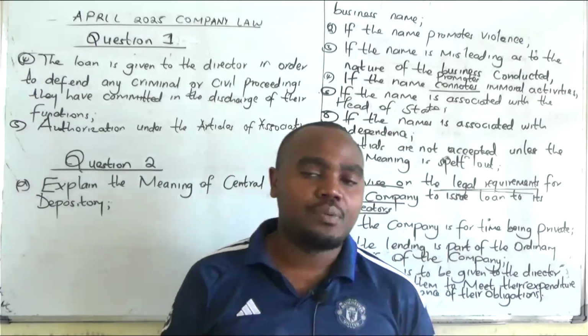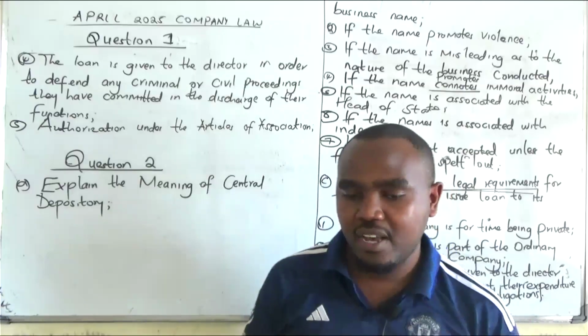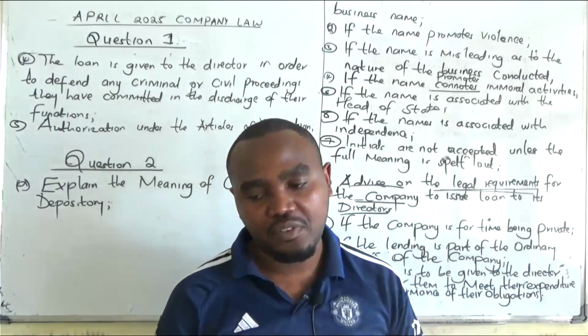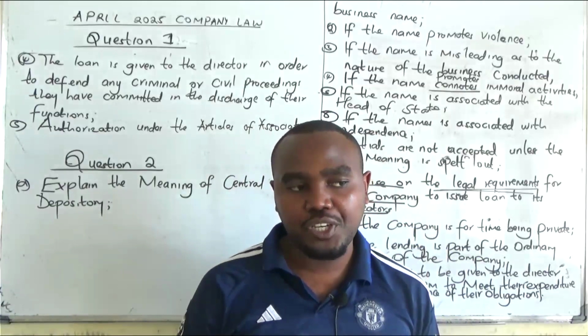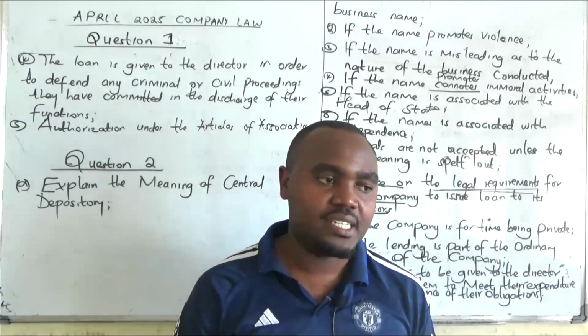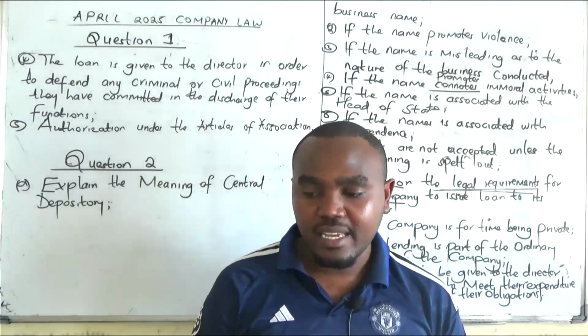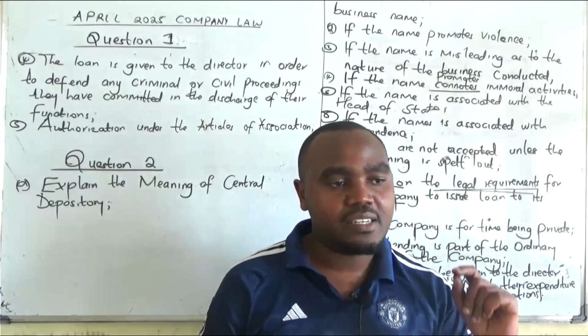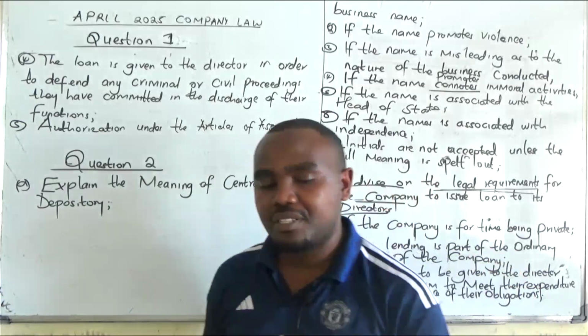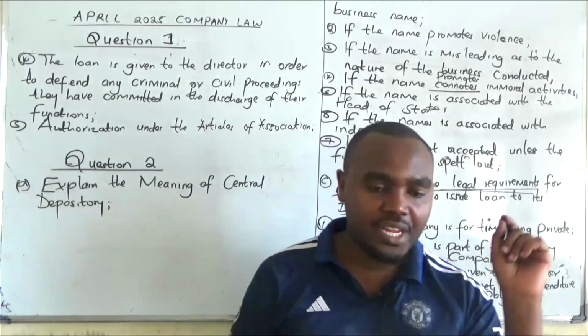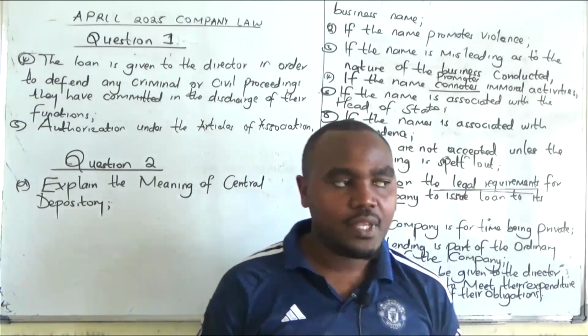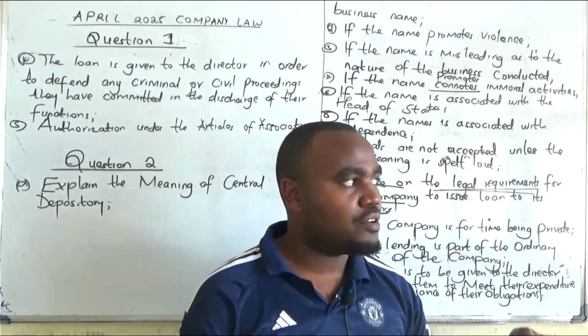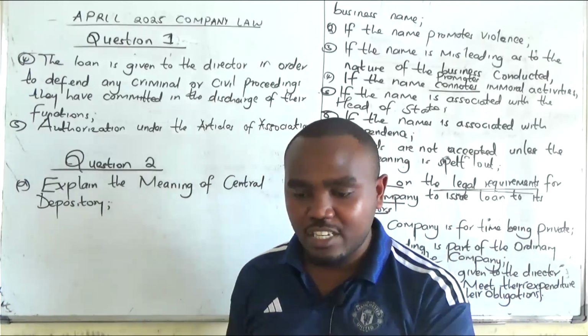Two, there is an oral transfer of shares, which is null and void. Three, electronic transfer, which refers to transfer of shares in electronic form through what we call the central depository.